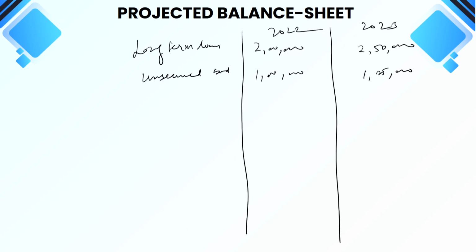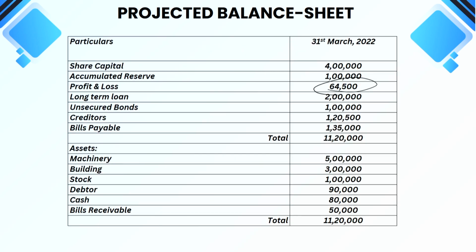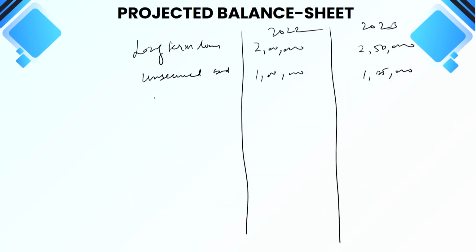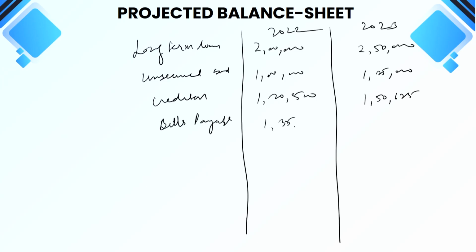Then we have the creditors in the question, which is given 1,20,500 rupees. So the creditors 1,20,500, projecting the 25% change, it would be 1,50,625. Then going to the next item, that is bills payable, which was given 1,35,000.